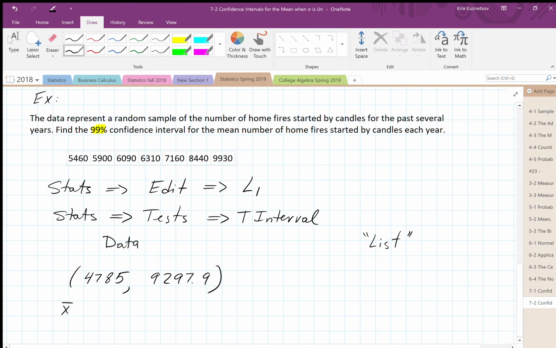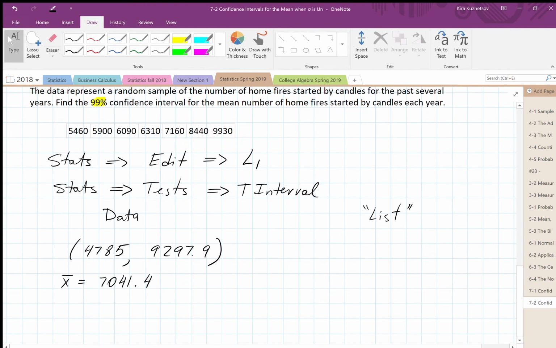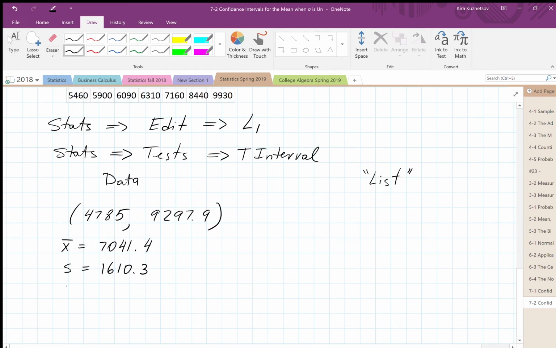Interesting information: it found an average of around 7,041.4. It found the standard deviation of the sample at 1,610.3. It also mentions that we have 7 items in our data. That means that the degree of freedom should be 7 minus 1, which is 6.